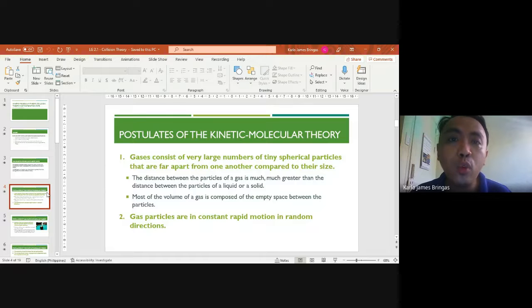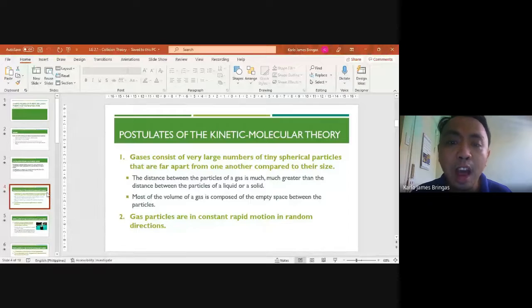So if you try to compare the sizes of the room, the container in which the gas is held, and the gas molecules themselves, there's no question. Our gas molecules are so very small compared to the size of our room itself.